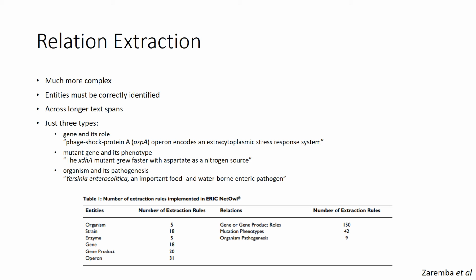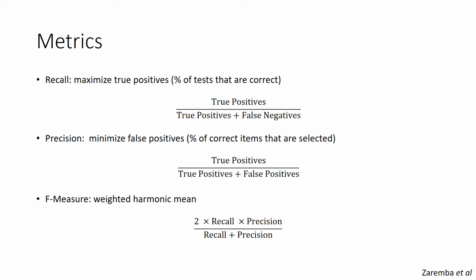And there are 3 different types: the gene roles, mutant genes and phenotypes, and then organisms and pathogenesis. In the table here on the bottom of the slide, you can see the entities have a few rules, but the relational extractions have many rules. And that's because there are many more types of relations versus entities.